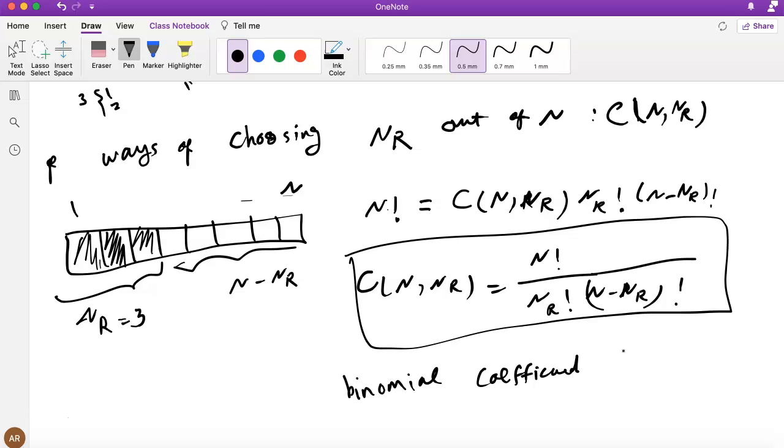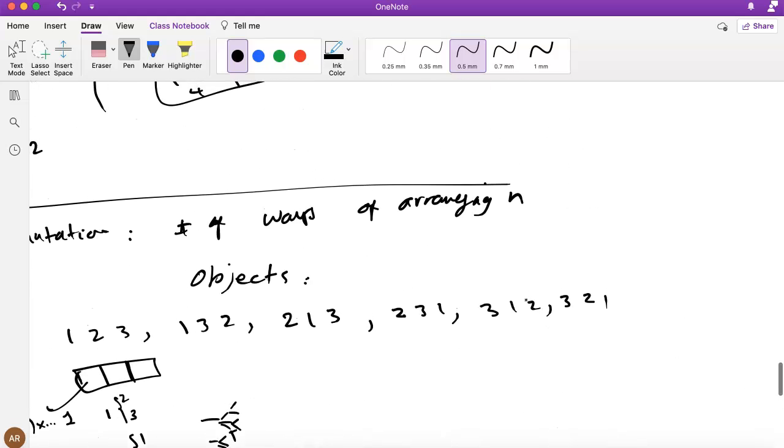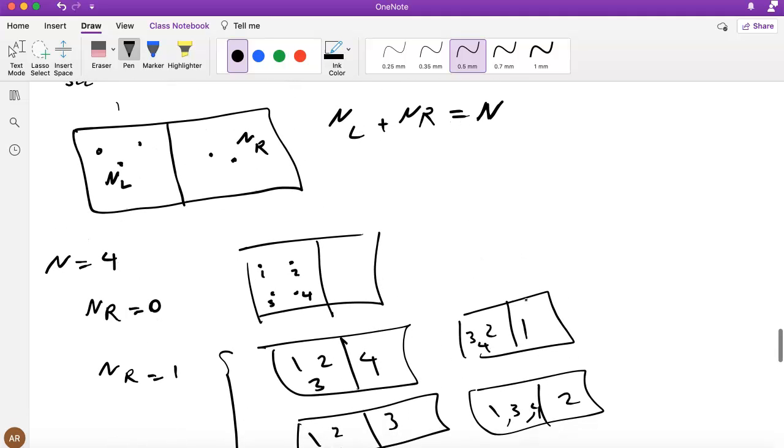It's a coefficient that appears in the expansion of 1 plus x to the n, like the coefficient of the term x to the nr, for example. So let's see if this works. For example, here when nr was 0, we had just one configuration.